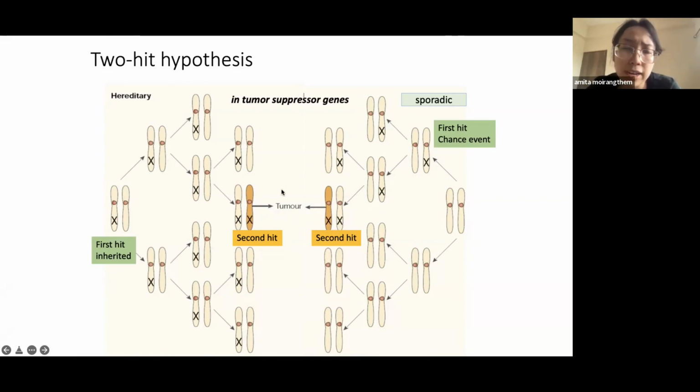So from this diagram, it is evident that if we have an already mutated baseline allele, it is easier for the second hit to occur, and therefore for the tumor to occur. But if we don't have a baseline germline mutation, two hits occurring in the same gene and knocking out the cell is less common, or it will take more time, and it is a sporadic occurrence.